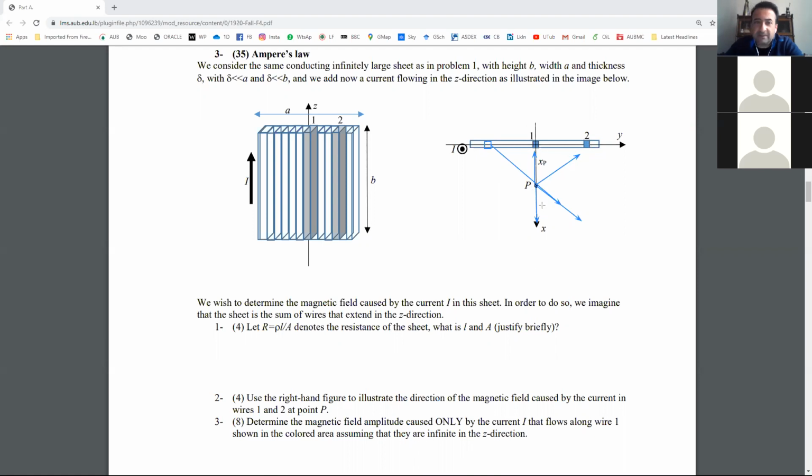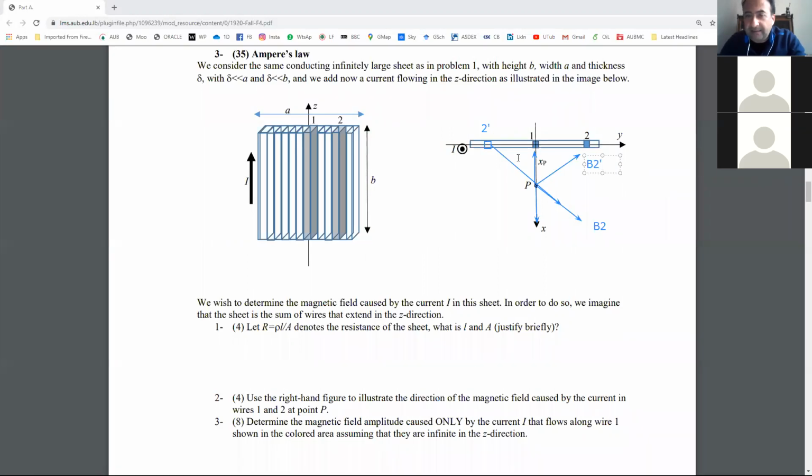So let me write this here. This is the magnetic field B2. Now, this is another wire here, I'm going to call it 2 prime, and that's my magnetic field B of 2 prime.